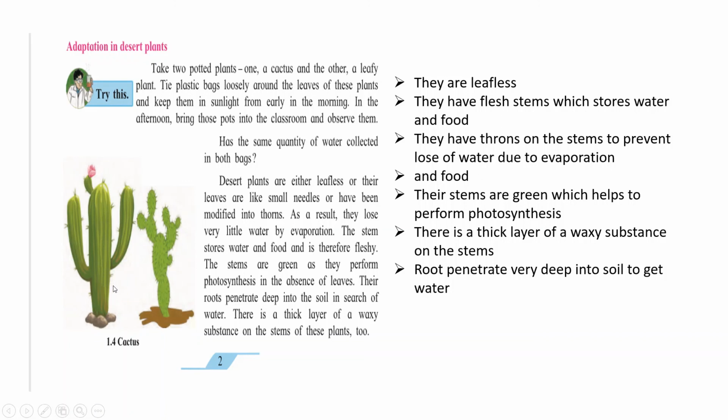Because of the low water level, the roots of desert plants penetrate very deep into the soil to search for water. And there is a waxy substance even in these desert plants to prevent the loss of water due to evaporation. And these are the adaptations of desert plants to survive in extreme hot weather.